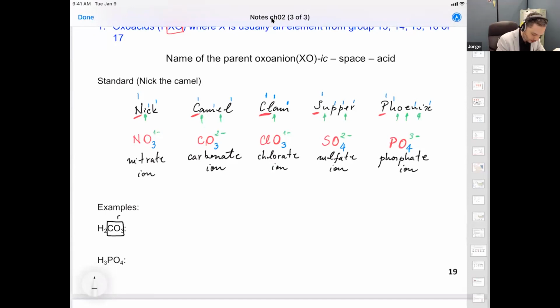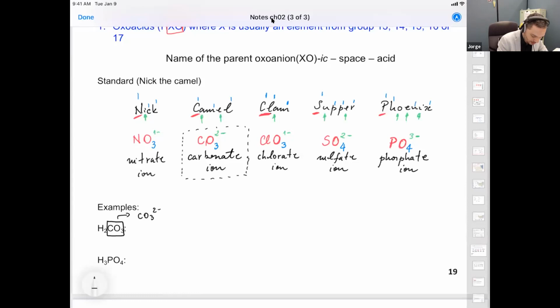So for H2CO3, the oxoanion is CO3 2 minus, which is right here. The name of the oxoacid is going to start with the name of the oxoanion, except that the ending we are going to change to IC.